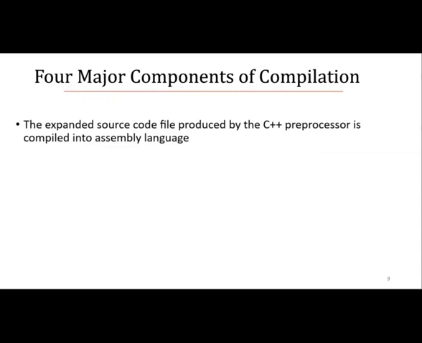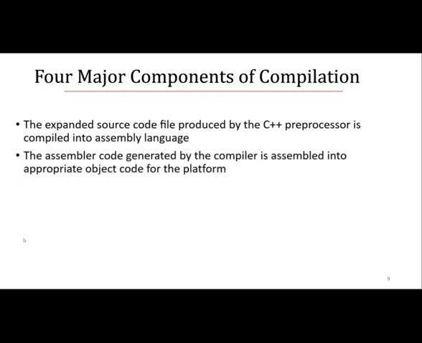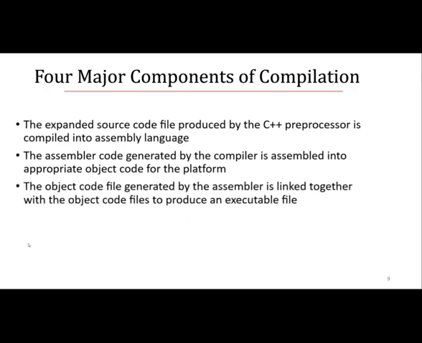The expanded source code file is then produced by the C++ preprocessor and is compiled into assembly language appropriate for any platform that you are running the software on. The assembler code generated by this compiler is then assembled into appropriate object code. The object code file generated by the assembler is linked together with the object code files or any library functions and is used to produce an executable file.